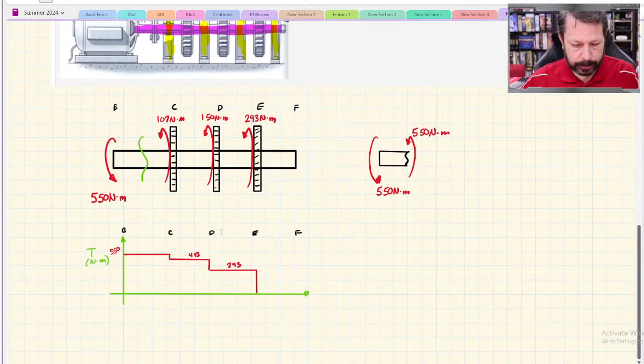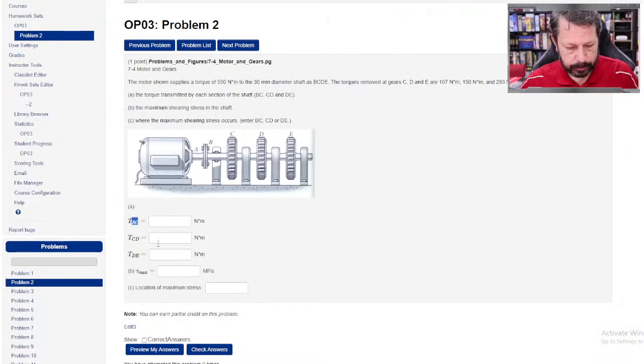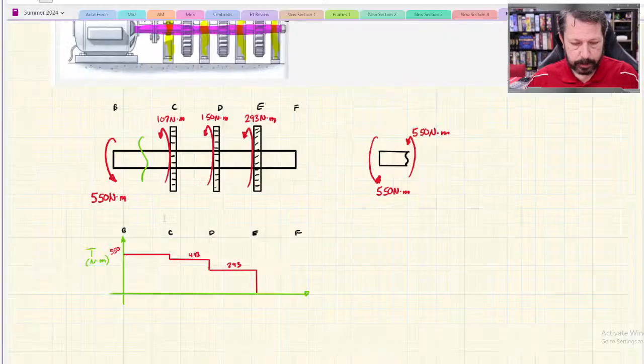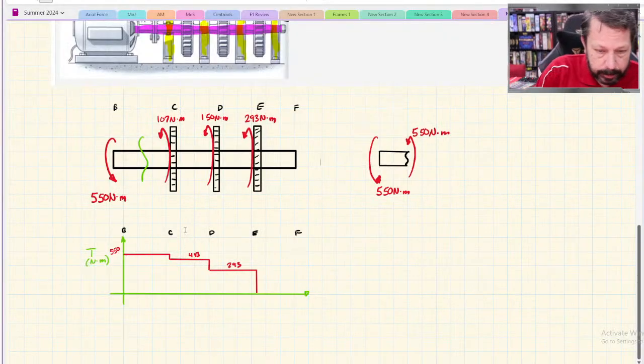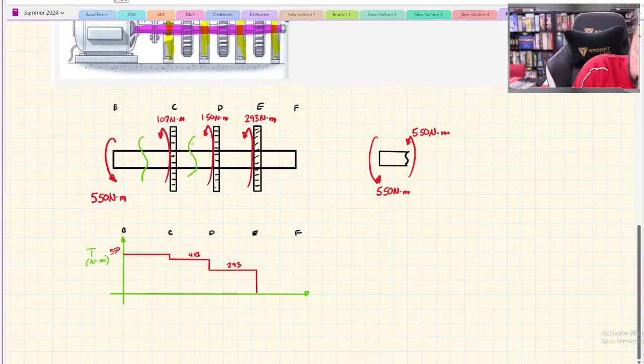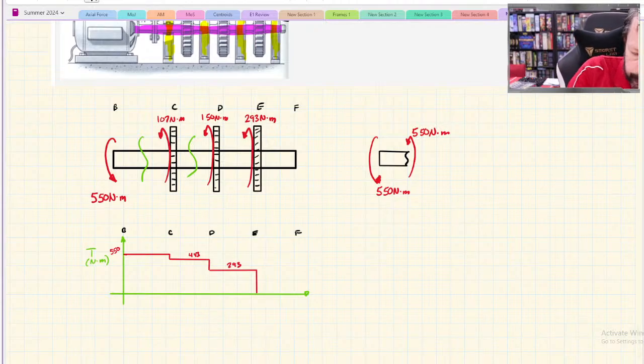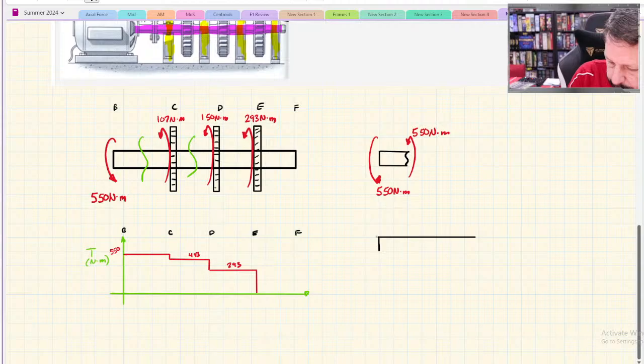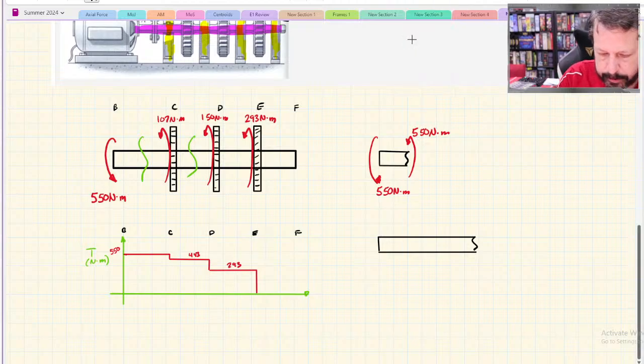We should be able to go answer. The torque here should be 550 Newton meters. The torque in section CD looks like it's 443. If we didn't want to draw that, we could cut between C and D and draw the free body diagram for that, which would look something like this. But it does have a gear C somewhere over here.